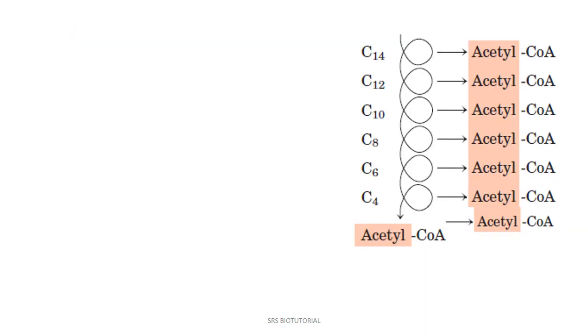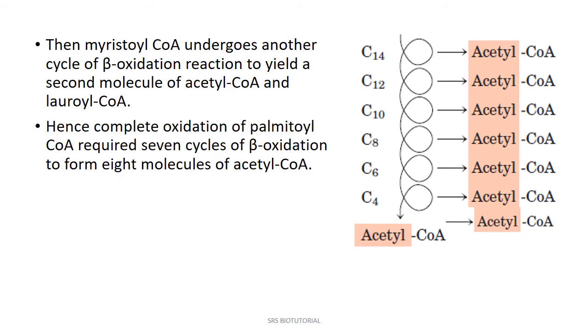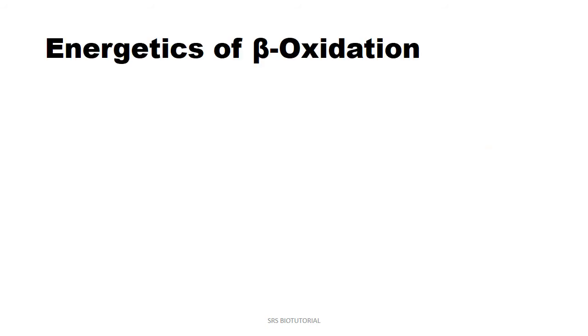The myristoyl coenzyme A undergoes another cycle of beta oxidation to produce a second molecule of acetyl coenzyme A and lauryl coenzyme A. The complete oxidation of palmitoyl coenzyme A requires 7 cycles of beta oxidation. It is the overall reaction of complete oxidation of palmitoyl coenzyme A, which produces 8 molecules of acetyl coenzyme A and 7 molecules each of FADH2 and NADH.